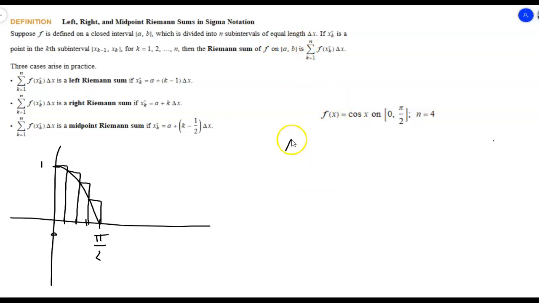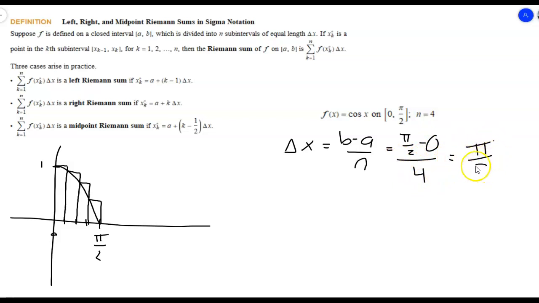Remember from earlier, delta x is B minus A over N. So that's the width of each one of these rectangles. In this case, that's pi over 2 minus 0, all over 4, which gives us pi over 8. So the width of each rectangle is pi over 8. And if we added pi over 8 four times, we get 4 pi over 8, which is the same thing as pi over 2.